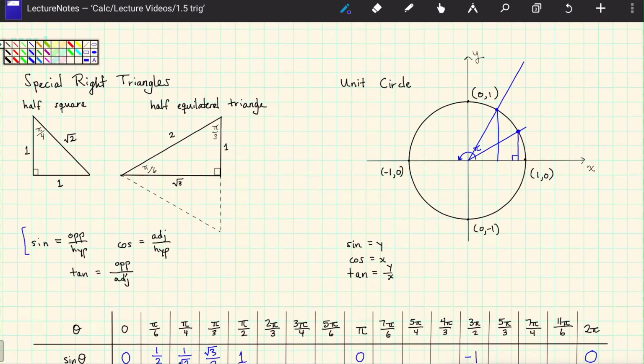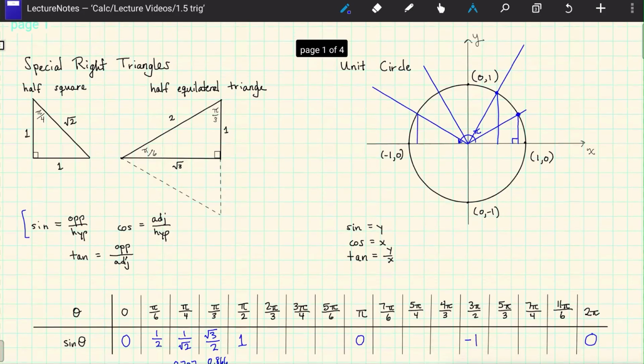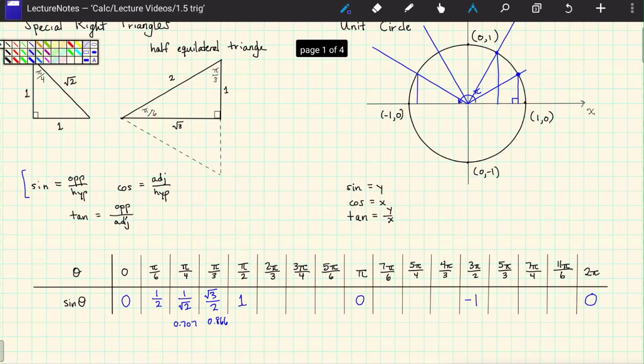Okay, and now when I come through here and take 2 pi over 3, the y coordinate is still going to be root 3 over 2. And when I come to 5 pi over 6, the y coordinate here is going to be 1/2 again. And when I get to an angle of 7 pi over 6, my y coordinate is going to go negative.